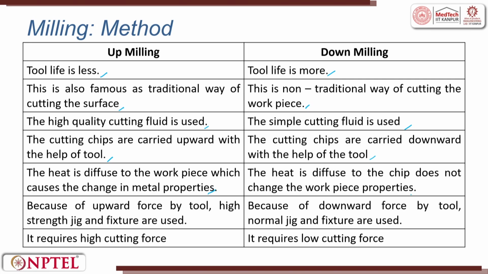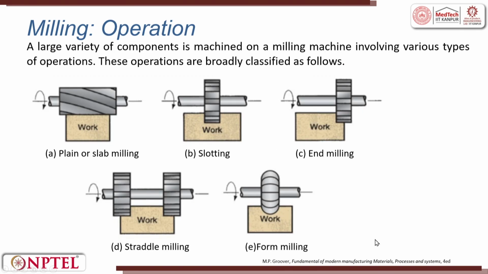In down milling the heat is diffused to the chip and does not change the workpiece quality. Because of the upward force in up milling, the strength of the jig and fixture should be very strong. In down milling it pushes the workpiece down, so the fixture can have lesser strength or rigidity. Up milling requires higher cutting force, down milling requires lower cutting force.